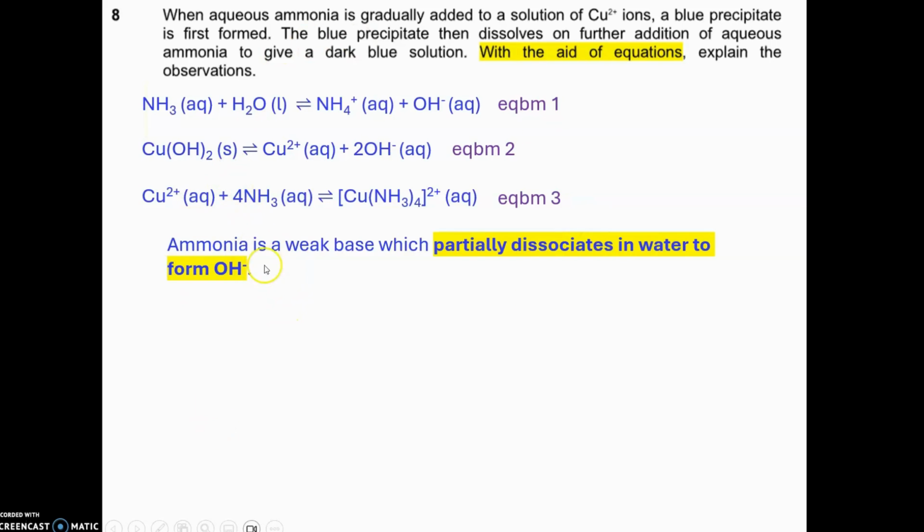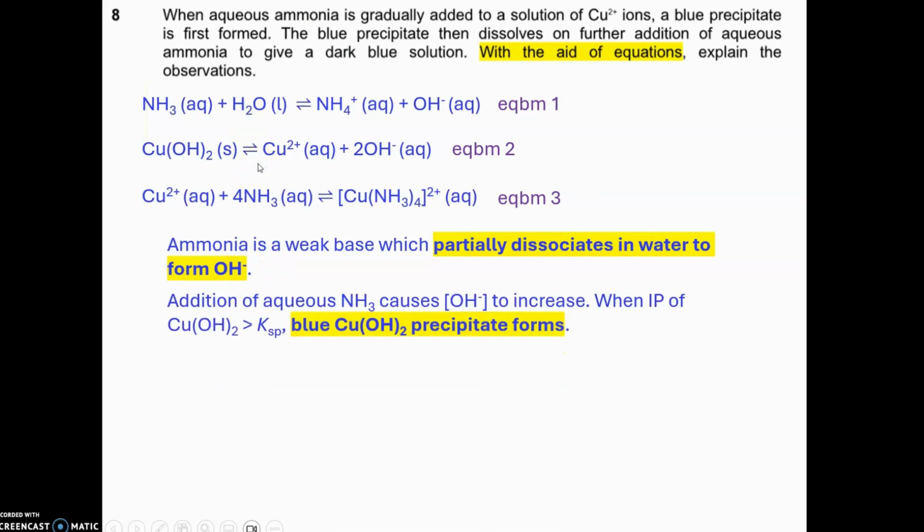So the presence of hydroxide ions in aqueous ammonia causes the formation of a blue copper(II) hydroxide precipitate when there is an increase in hydroxide ion concentration and the ionic product of copper(II) hydroxide exceeds the solubility product. So this first part has been accounted for. The next aspect is the dissolving of the blue precipitate in aqueous ammonia in excess to give you a dark blue solution.